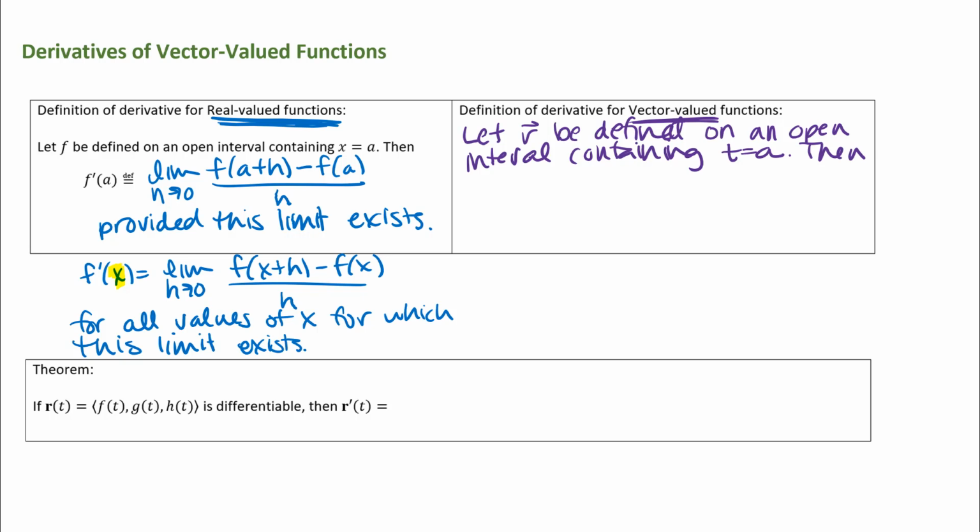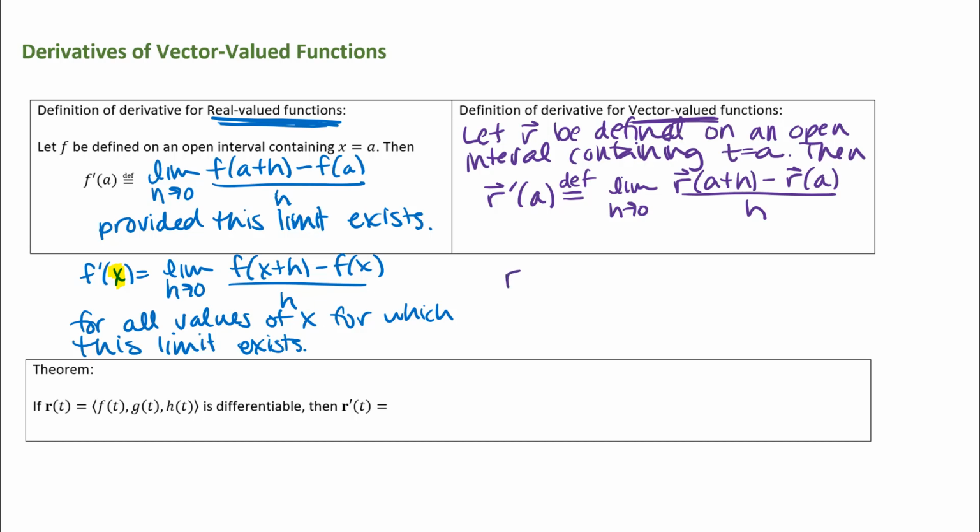And then I'm going to start by defining the derivative at t equals a. So we'll define r prime of a, and that is defined to be the limit as h approaches 0, really just the same as our definition of a real-valued function, just with different notation for the function name. Really, that's the only difference in this definition, provided that limit exists.